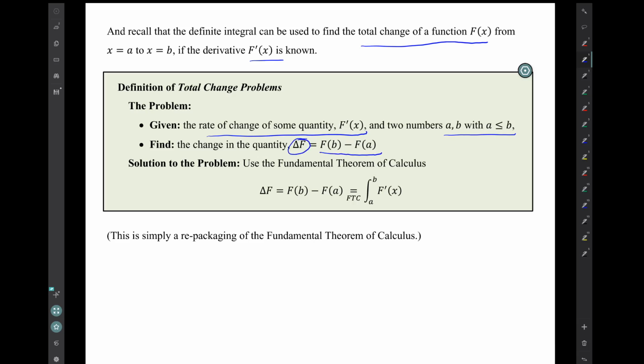Well, the solution was to use the fundamental theorem of calculus. This difference, this change in capital F of b minus capital F of a, could be found by integrating capital F prime. And realize that that's simply a repackaging of the fundamental theorem of calculus.